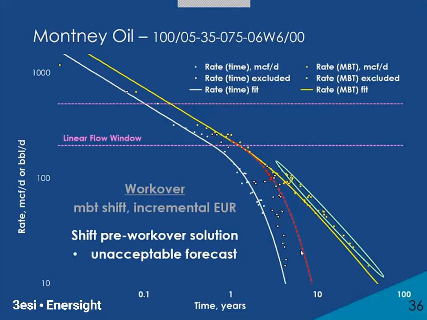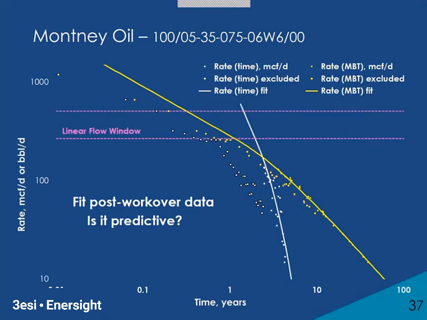The other alternative is, what if I reset my material balance time calculation to start at just past the workover? And if I do that, I get, oh sorry, let me backtrack. I'm just going to fit the post-workover material balance time data and run through this data.